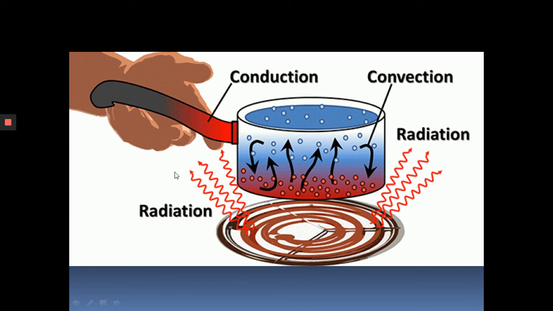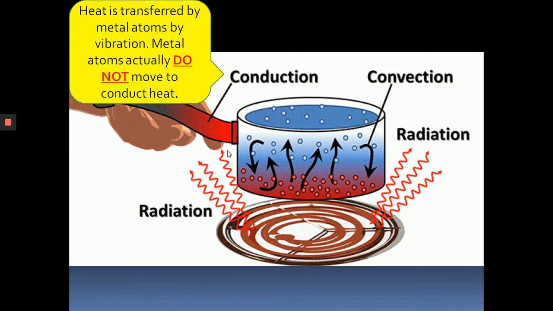This is a great picture to demonstrate all three kinds of heat energy transfer. First of all, let's take a look at conduction. If you look at the handle, it is the part that physically transfers the heat energy because of the vibration of the solid material of the handle.